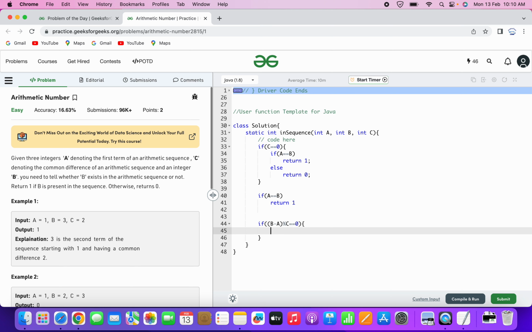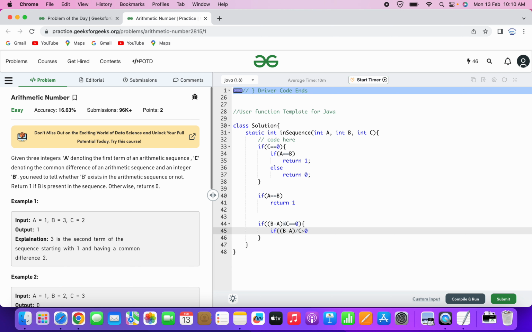But here we need to check another thing. If again (B minus A) divided by C is greater than 0.